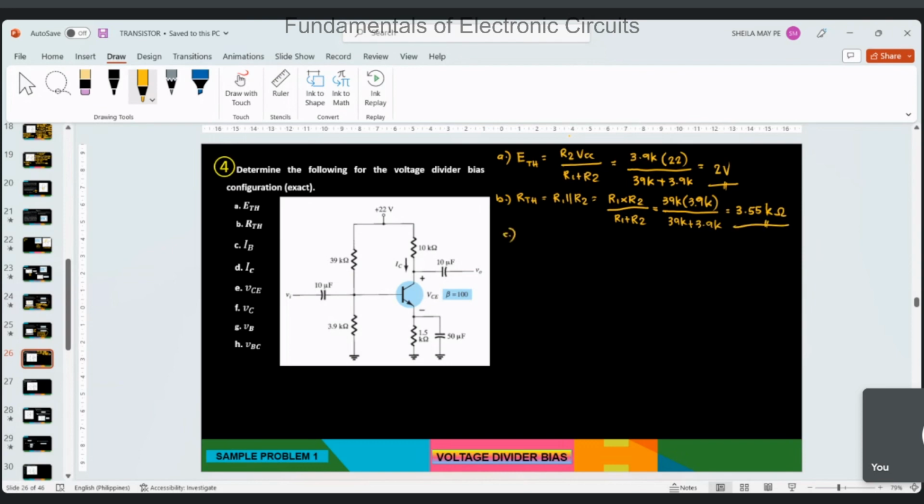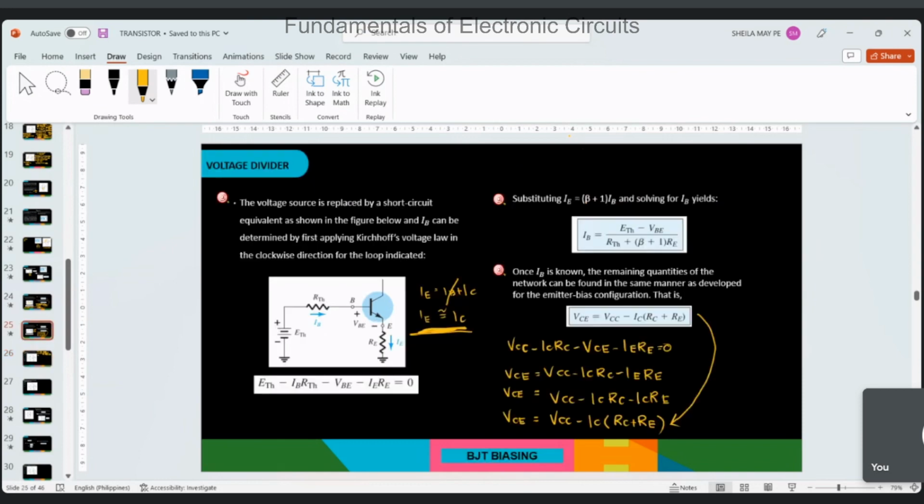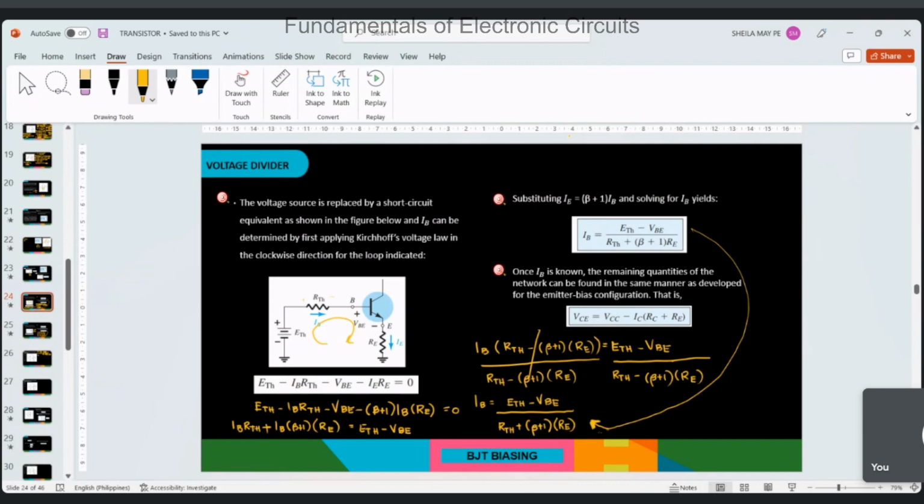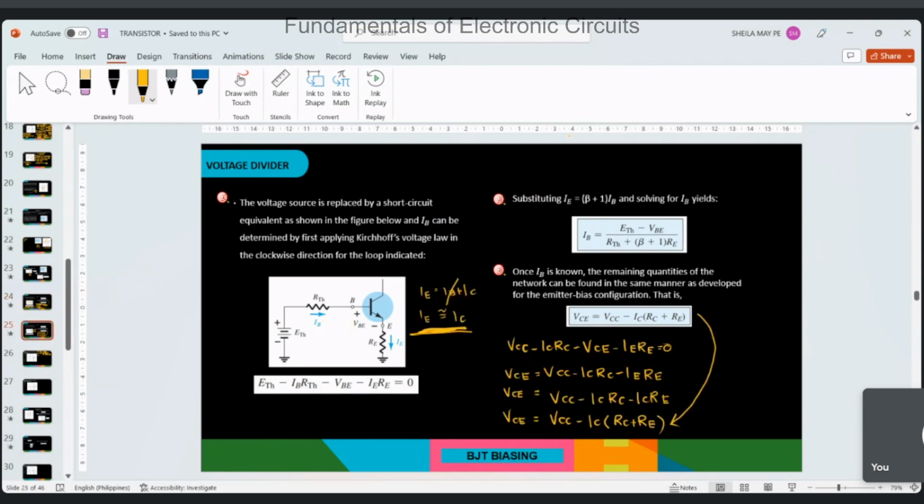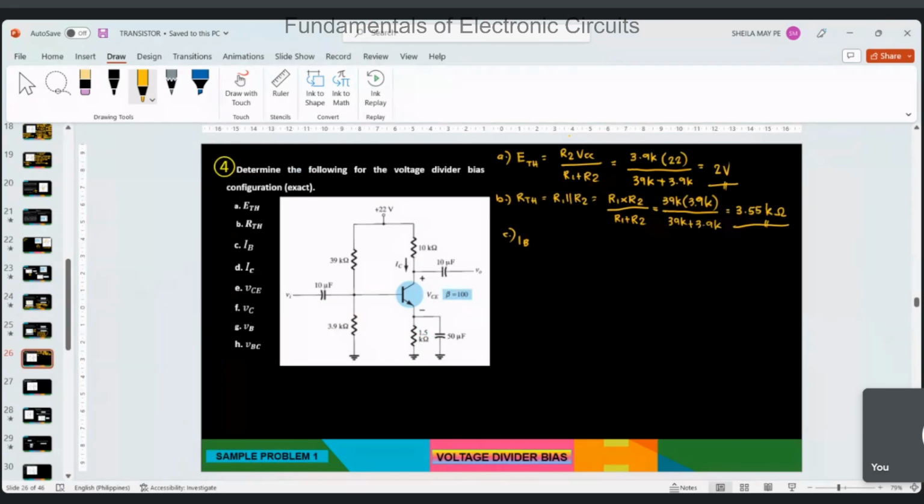Next, we need to find our IB. Now, in getting our IB, we have the formula: IB is ETH minus VBE, right?